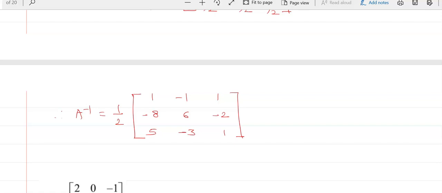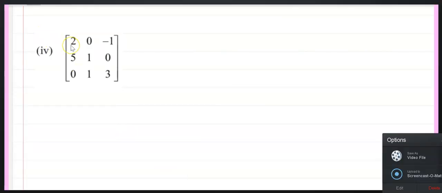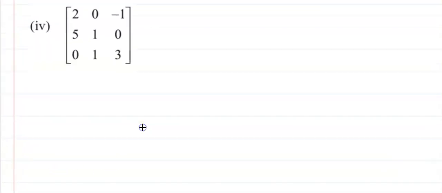Now the last example, that is 2, 0, minus 1, 5, 1, 0 and 0, 1, 2. See this again, we have this.